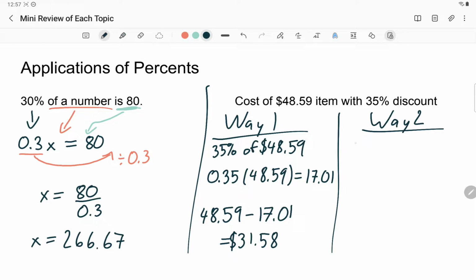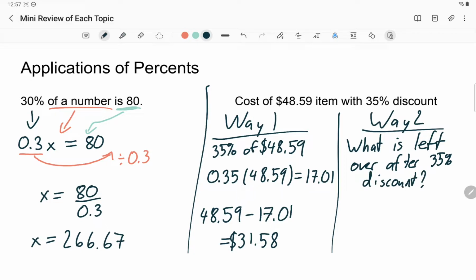Way number two is you can think of it as what is left over after the 35% discount. So one way to think about this is if you do 100 minus 35, that's 65.